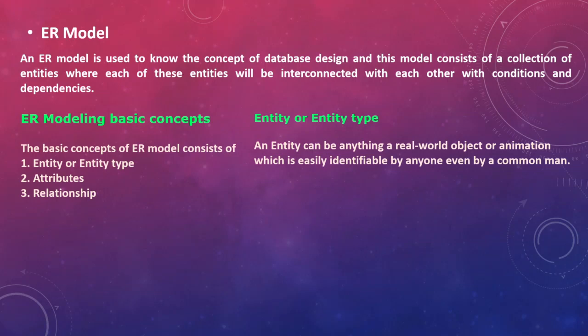It can be anything we see around us, which can be easily identified by anyone. So, let us see the types of entity. There are three types of entity: strong entity, weak entity, and entity instance. Now let us study these three types of entities.